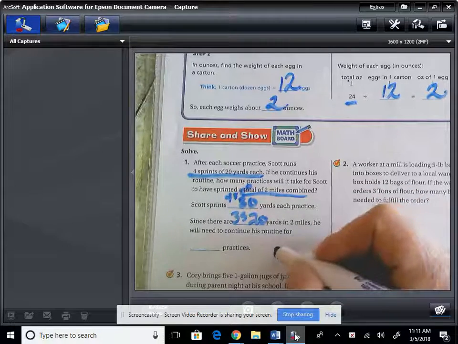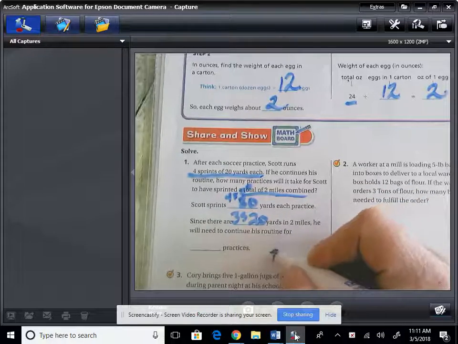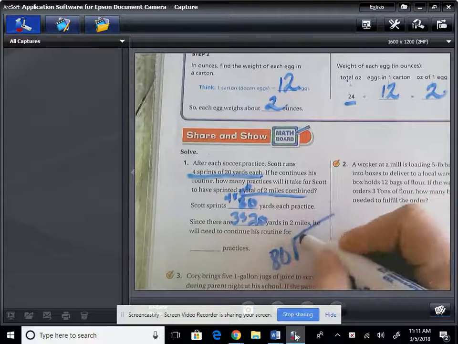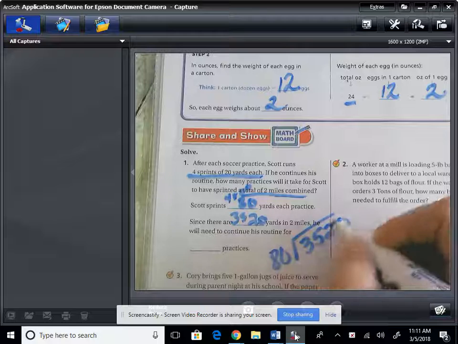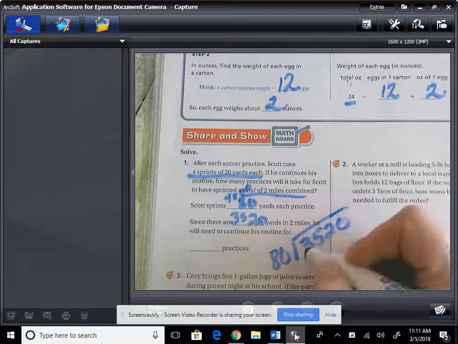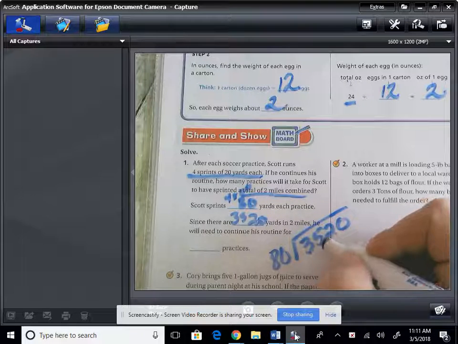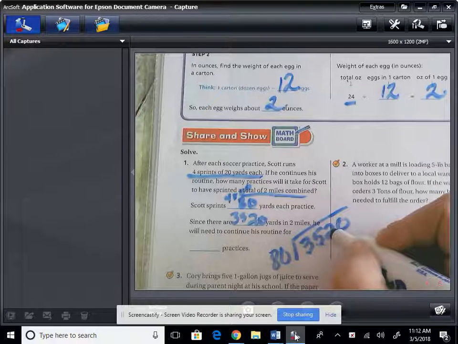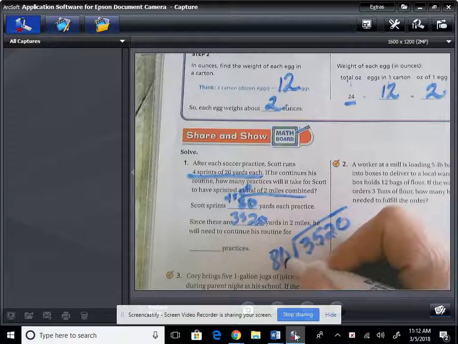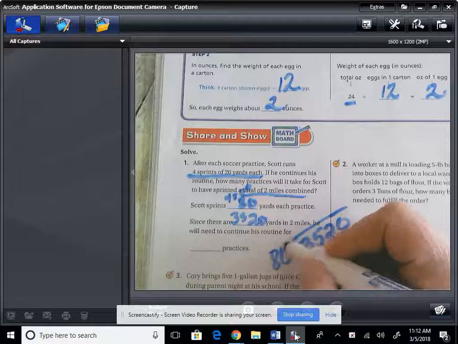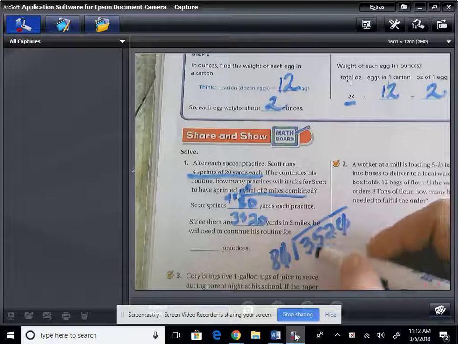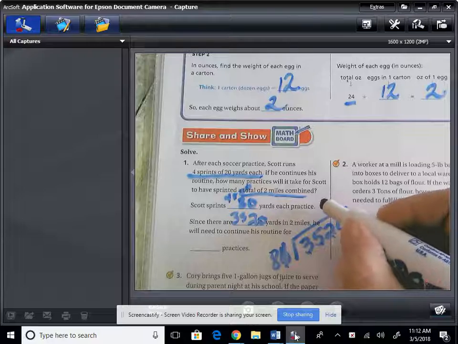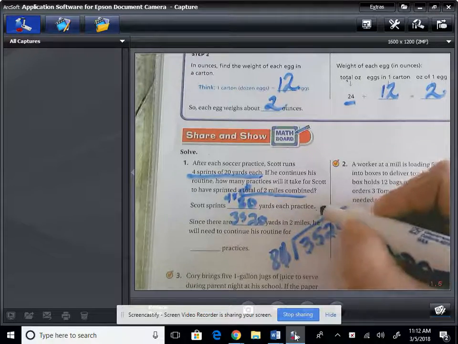How many practices? Well, in one practice he does 80, so I've got to divide this by 80. It can't go into 3, can't go into 35, but it can go into 352.